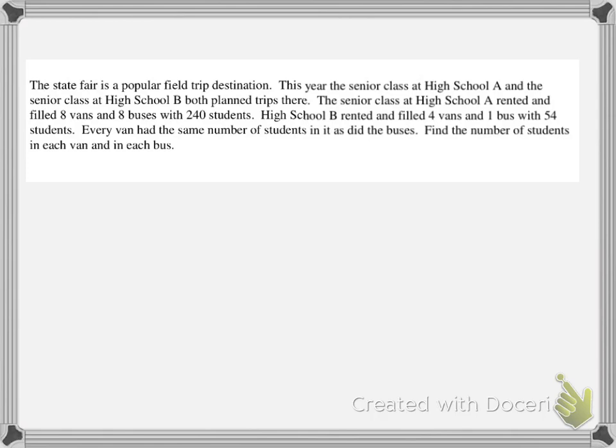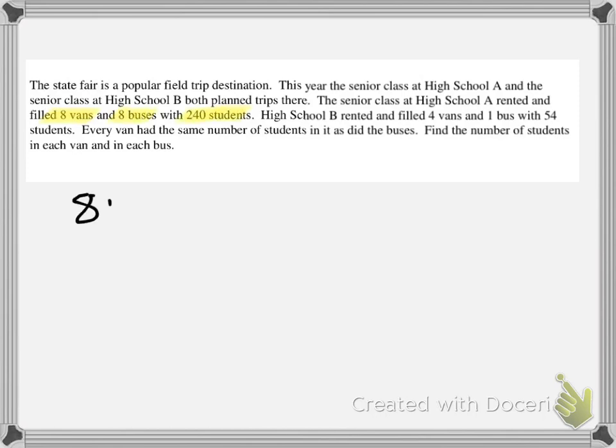This one says, the State Fair is a popular field trip destination. This year the senior class at High School A and the senior class at High School B planned trips there. Senior class A rented 8 vans, 8 buses for 240 students. So right there is our information. That's going to be our first sentence.